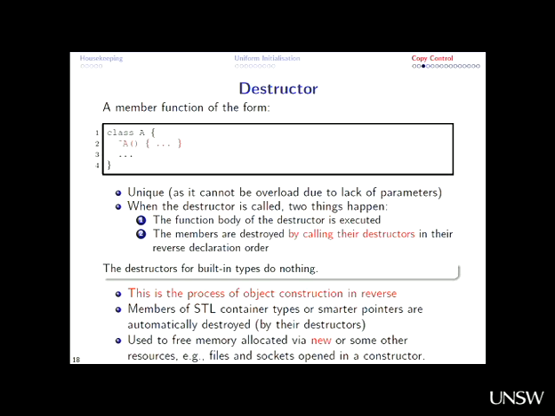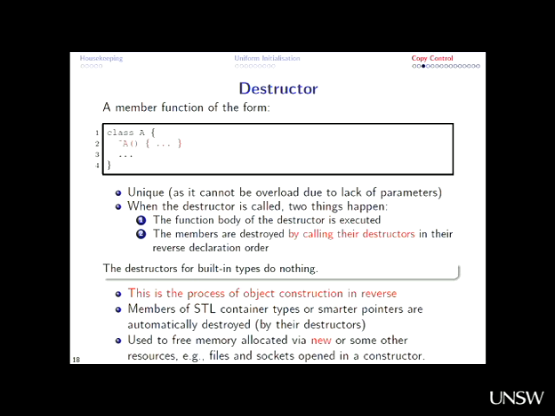They're destroyed by calling the destructors on those objects in reverse declaration order. What that means is that when we were talking about constructors on Monday, we said we had to initialize the string first, then the unsigned int, then the double, and then that second unsigned int. Now we do that in reverse. So the destructor takes things apart in reverse order.